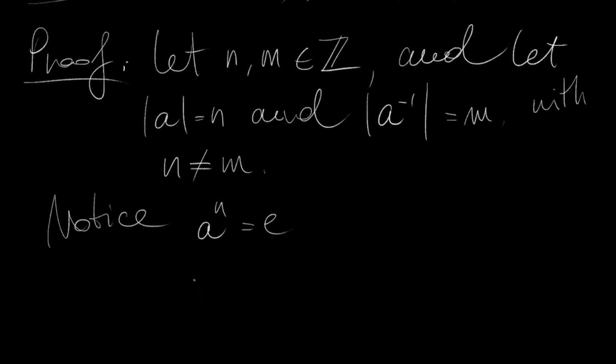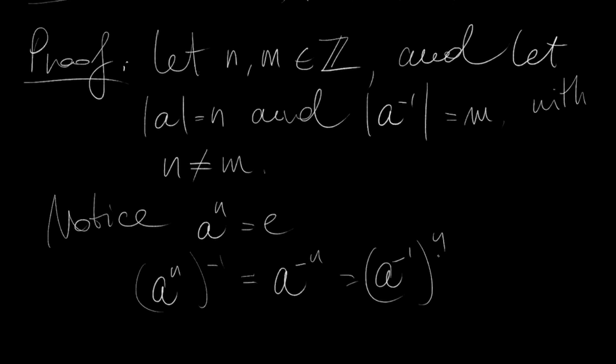What happens if we take the inverse of this? We have a to the power n, inverse. Remember the property we explored before. This is equal to a to the negative n, which is equal to a inverse to the power n.